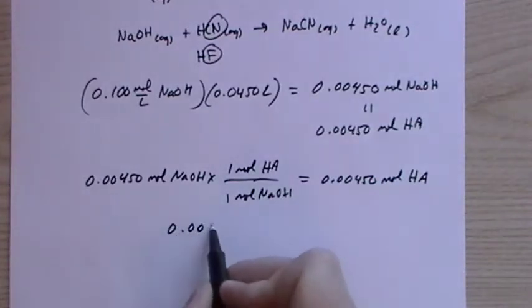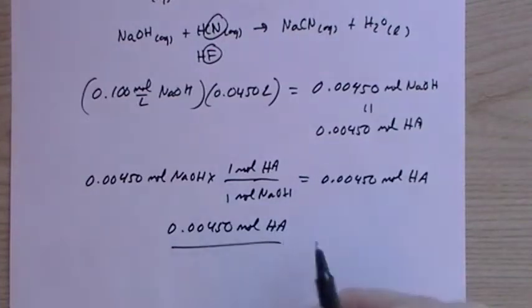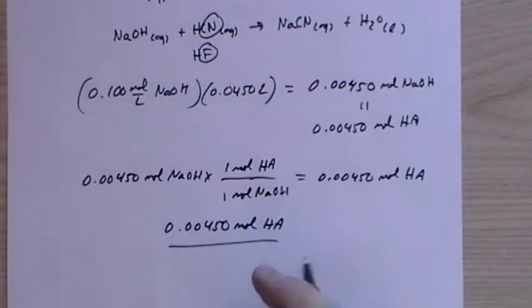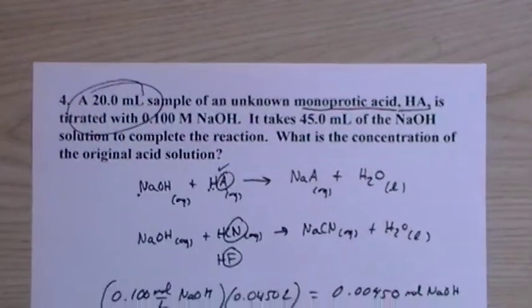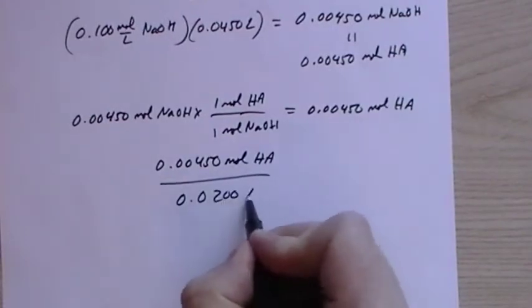So we know how many moles of HA we have, and now to find the concentration, we just divide by our volume. Our original volume, not the volume after the reaction, which would be 65 mL. We go back to the original, what we started with before we added any sodium hydroxide, so this would be 0.02 liters.